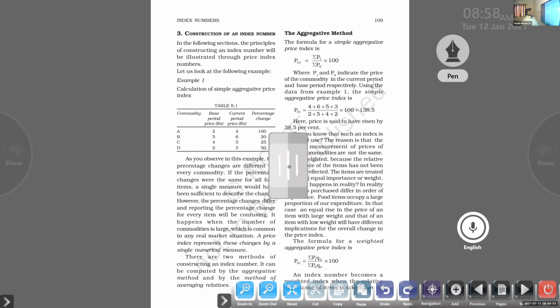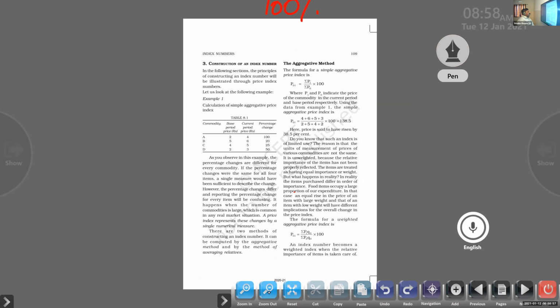As you observe in this example, the percentage change is different for every commodity. If the percentage change were the same for all 4 items, a single measure would have been sufficient to describe the change. Yes or no?